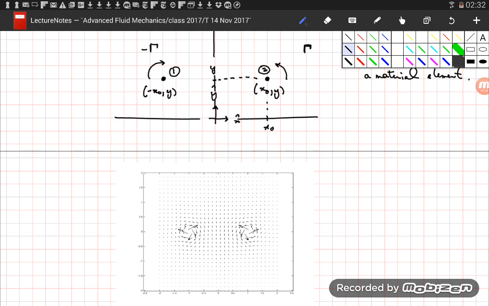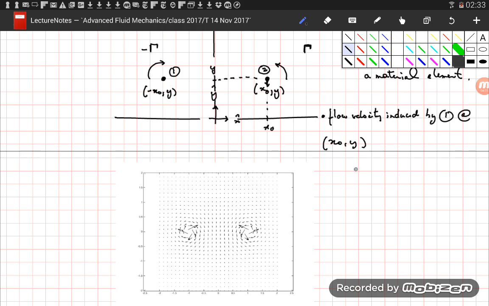If we think about the velocity induced by vortex 1 at the position of vortex 2, it will be a velocity in the circumferential direction, so in this direction. Let's start with the magnitude. What is the flow velocity induced by vortex 1 at the point x naught y?